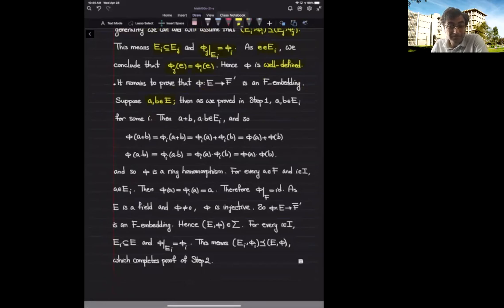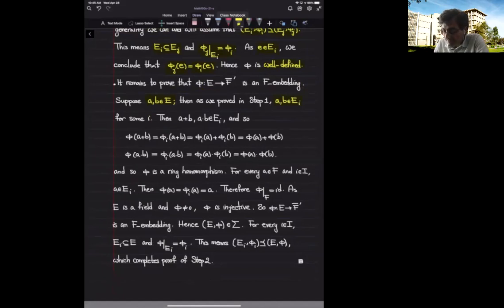Therefore we can assume that E_i is a subset of E_j, or the other way around. So that means I can find some index i where both a and b are inside E_i.